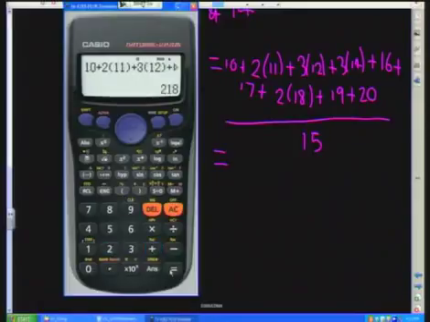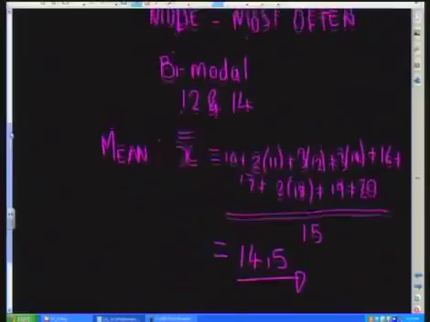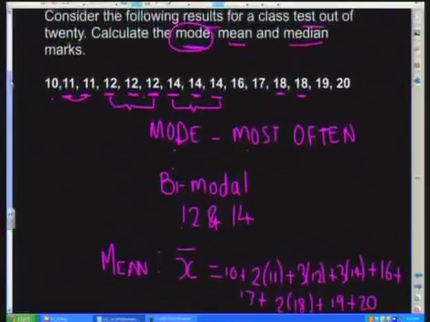We get that total value. We divide that by 15, and we see that our average is 14,5. So 14.5 was the average mark for that test. Obviously, if you did better than 14.5, you were above average in this test.